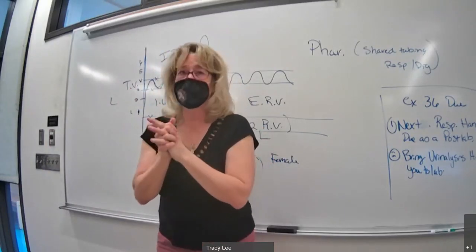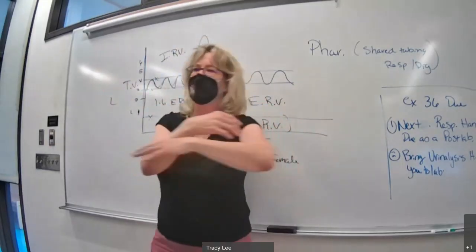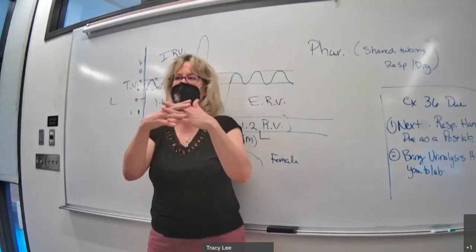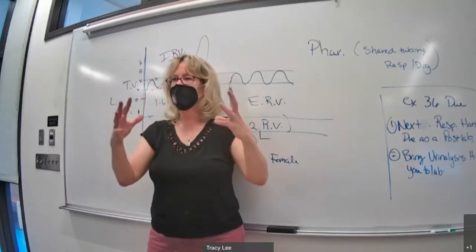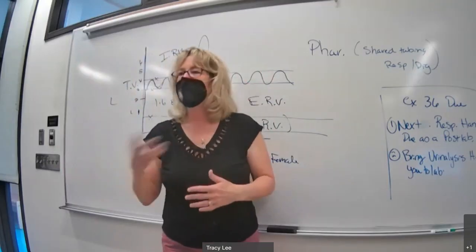Yeah, ciliated, pseudostratified. The cilia, right? And then we slap some mucus on that cilia. And now what happens if we have mucus and we have cilia? Yeah, we can trap the particles in the mucus. We can sweep it up and out with our cilia.